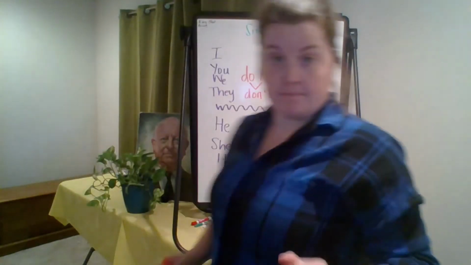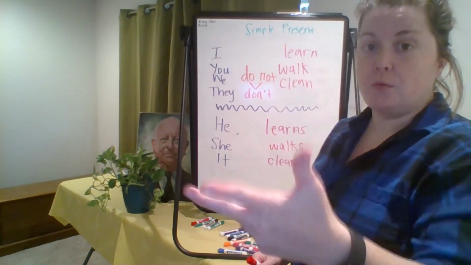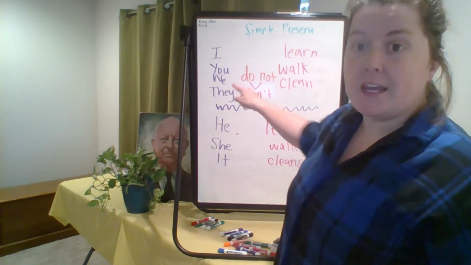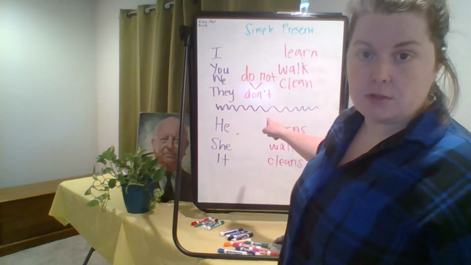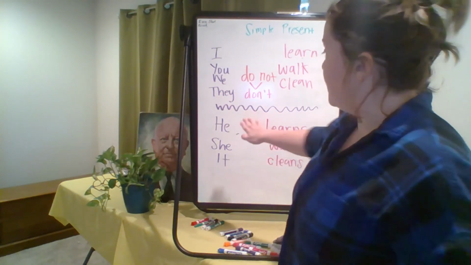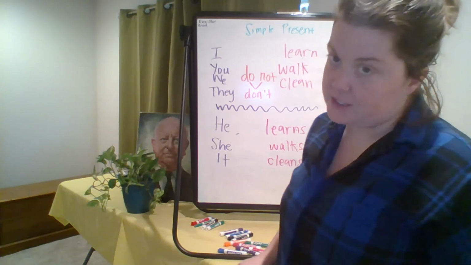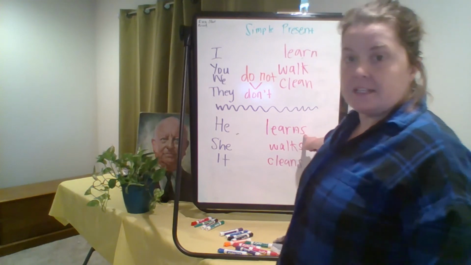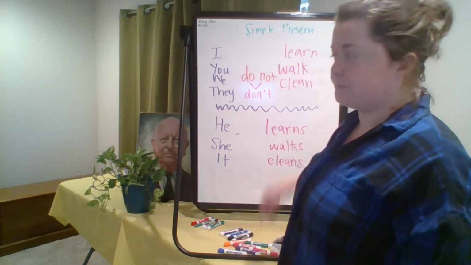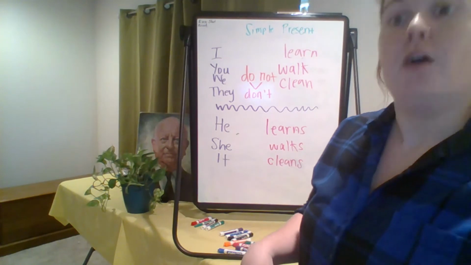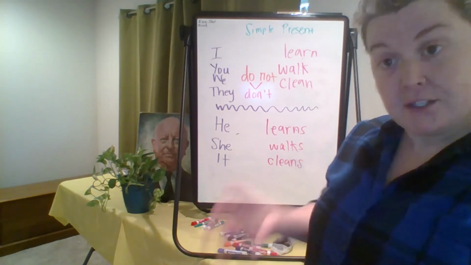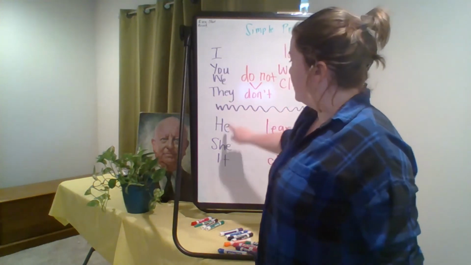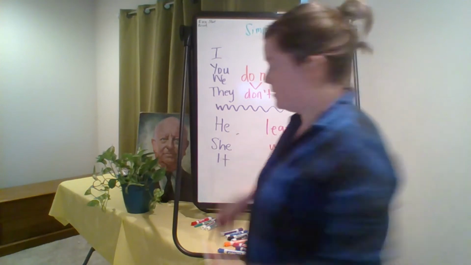Now, all right, so that's for I, you, we, or they. I don't. You don't. We don't. They don't. Okay? All right, so for he, she, or it, they're different. So remember in the positive, we needed the S, right? He learns. So in the negative, we're going to use do. We need do, but because it's he, right? I do. He does. So look.